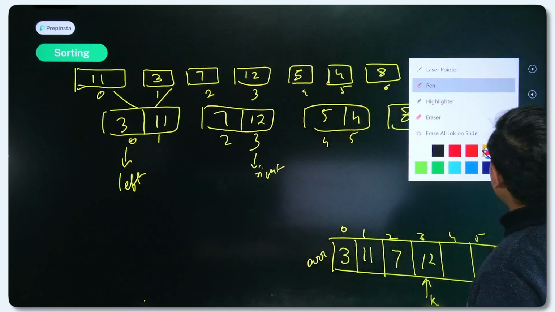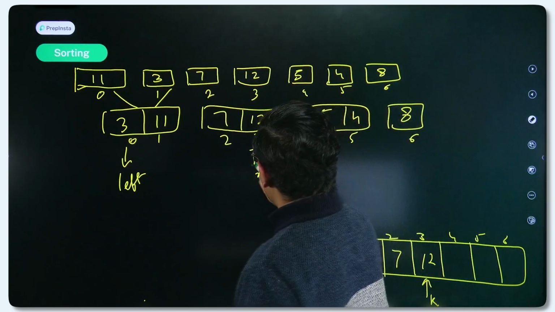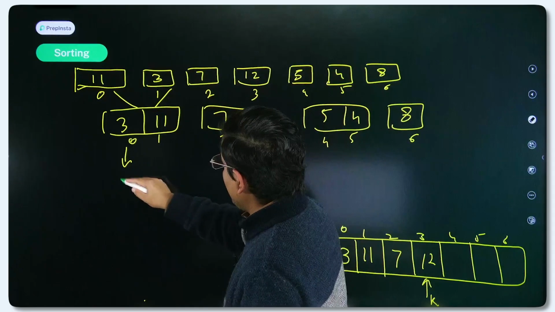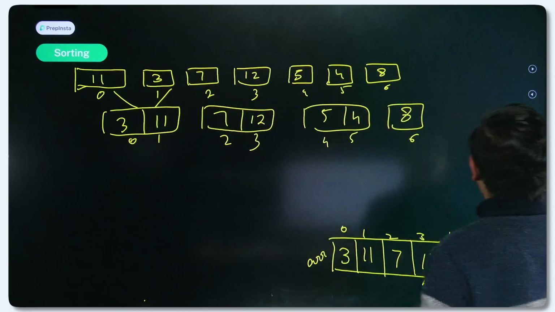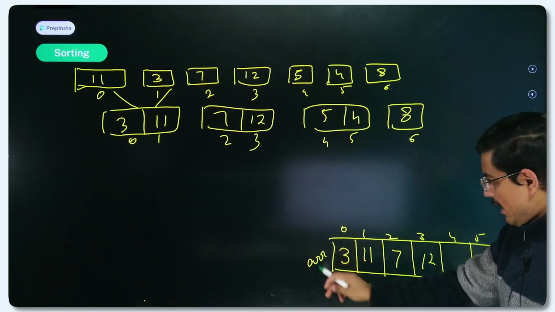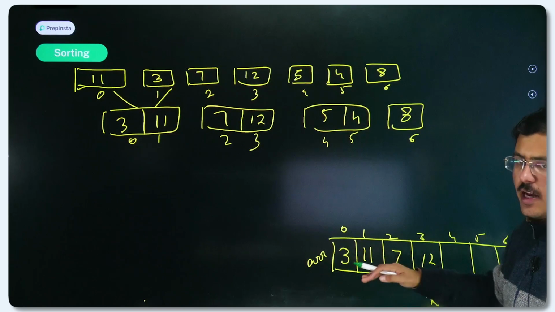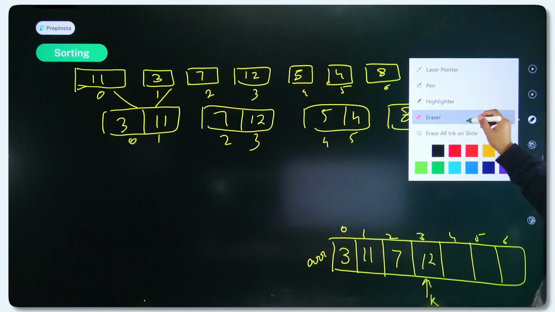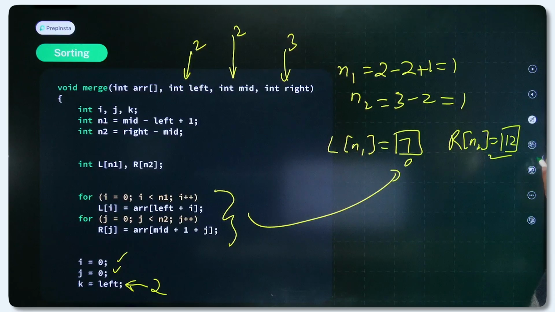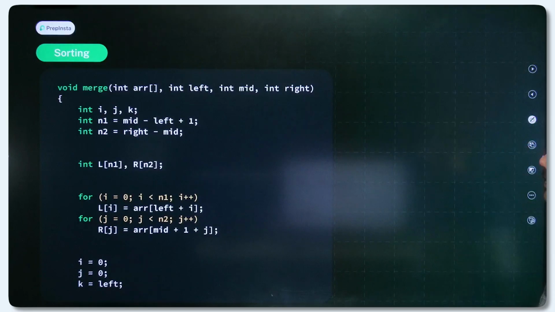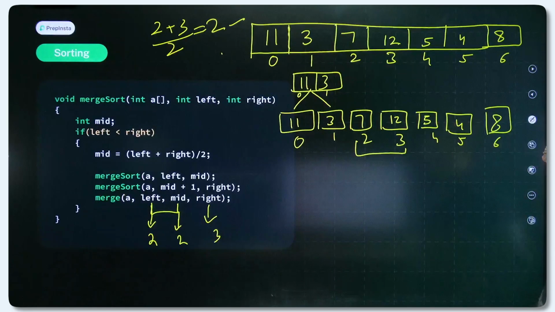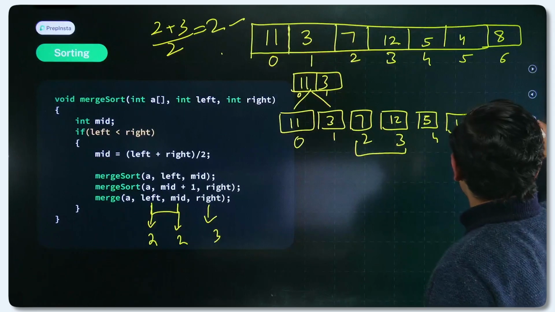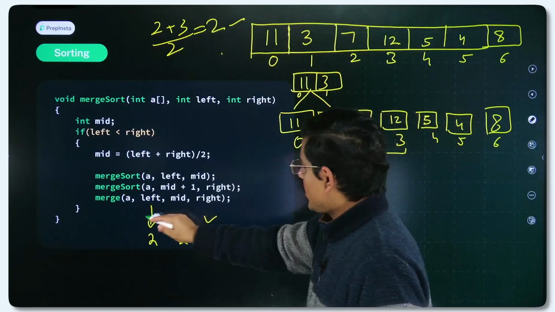So we'll do this math on the previous slides, then it would be very easy for you to understand, because now if you see here, it is still not sorted, but changes will happen here. So that is why I am saying that carefully see this. I'll erase all the ink on the slide, and when I go back I show you how things are changing here.